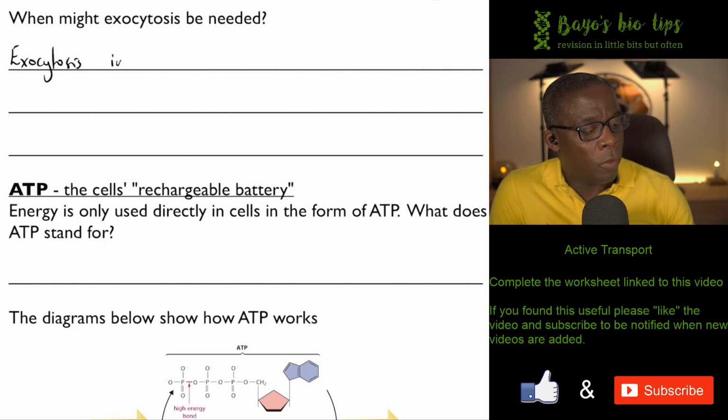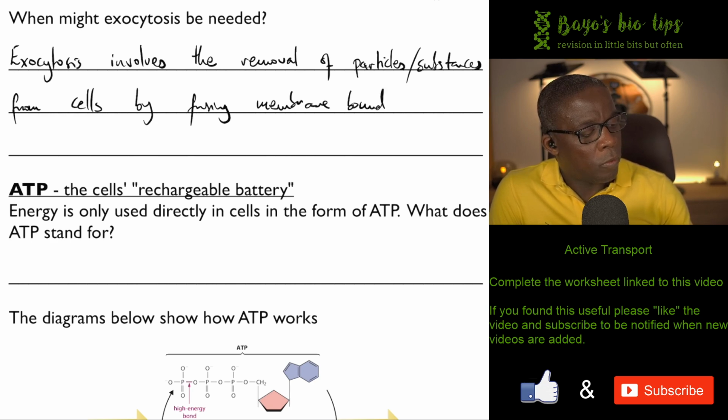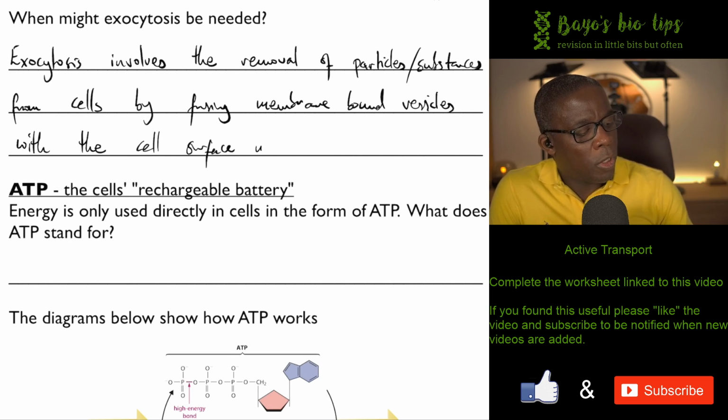Exocytosis involves the removal of particles or substances from cells by fusing membrane-bound vesicles with the cell surface membrane.